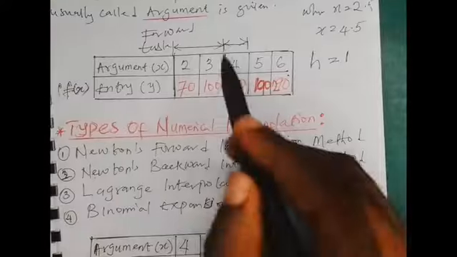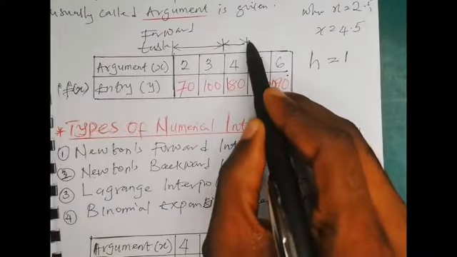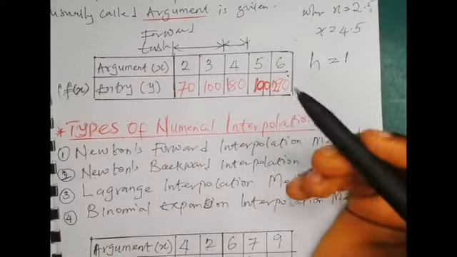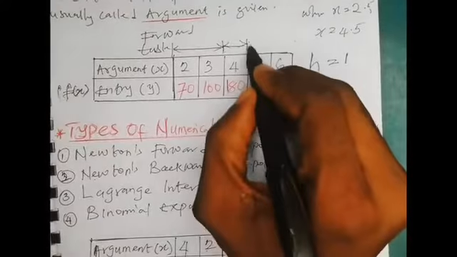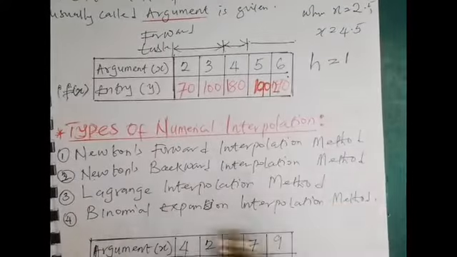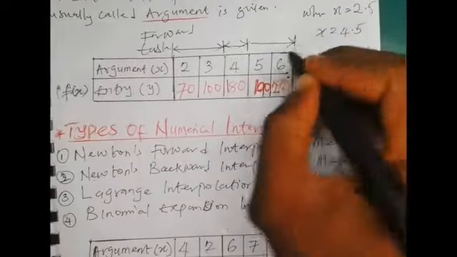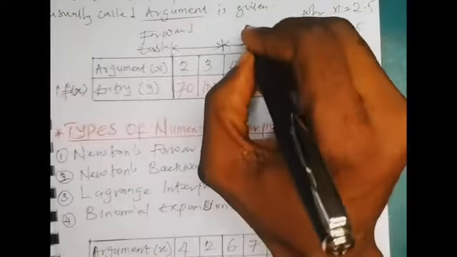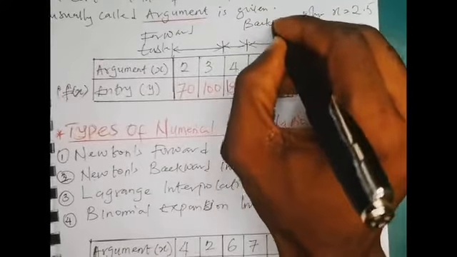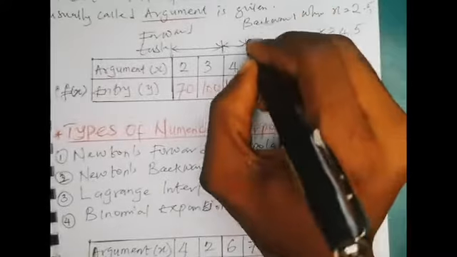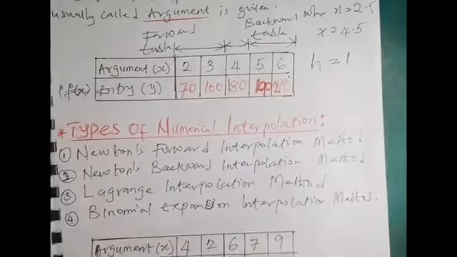Whereas the table of values directly after the midpoint to the end of the table is called my backward table. So from here to this point is called my backward table.